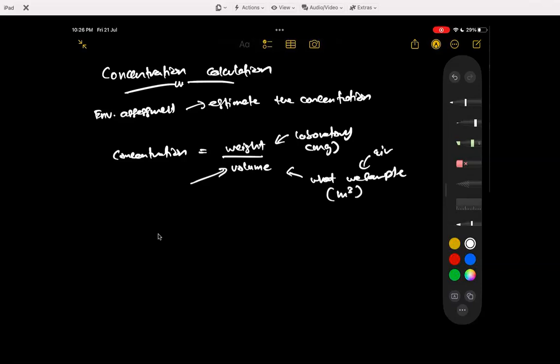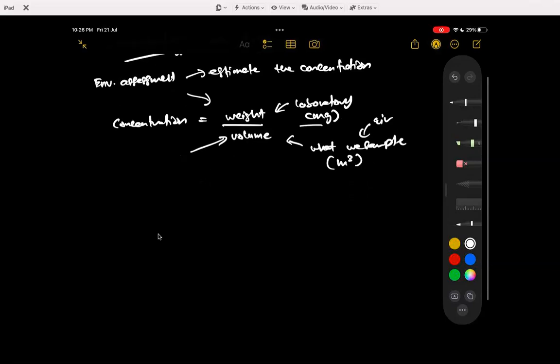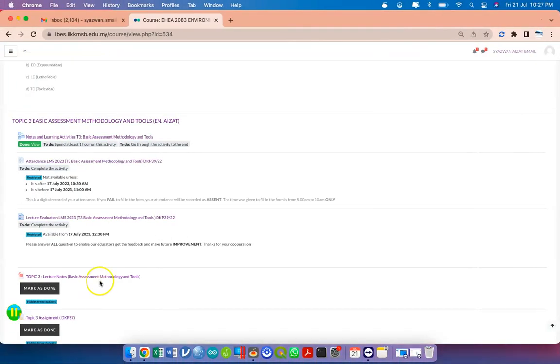The first question will be how much volume, and the second question will be what the laboratory findings are based on the weight that they assess. So let us go into the question.